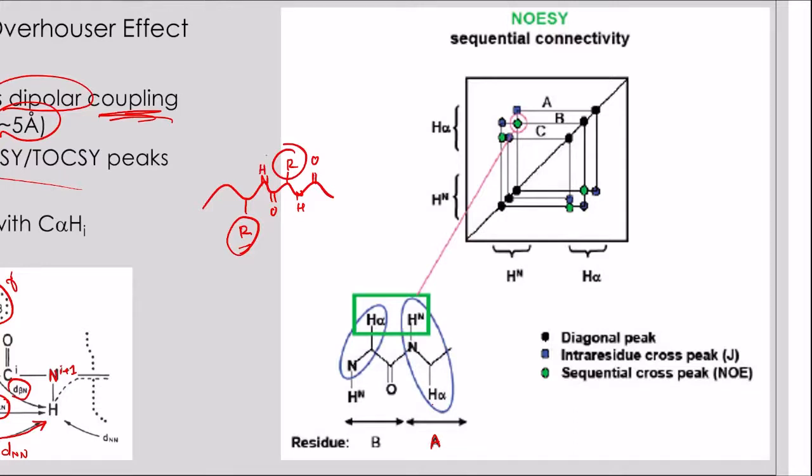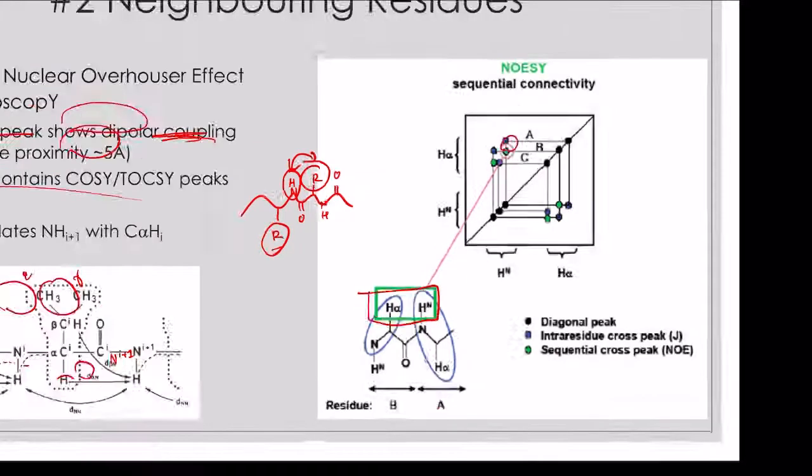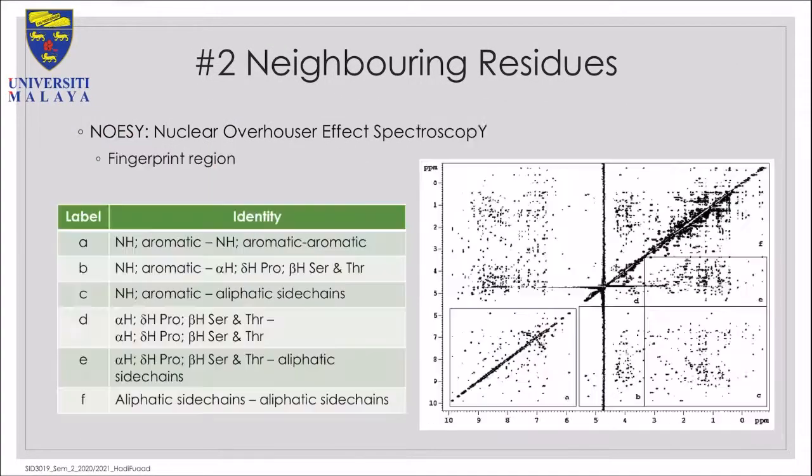So what you will see is a close proximity between the R group and the amide proton adjacent to the amino acid that you are looking for. So the additional peak that you will see in a NOESY experiment is a connecting cross peak, and we will see how you actually use that.